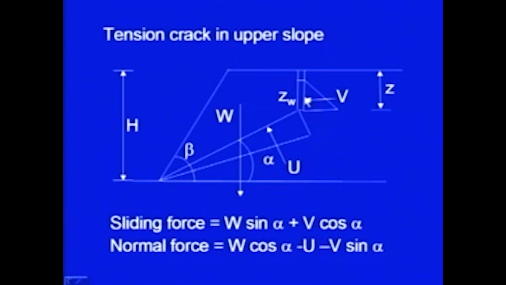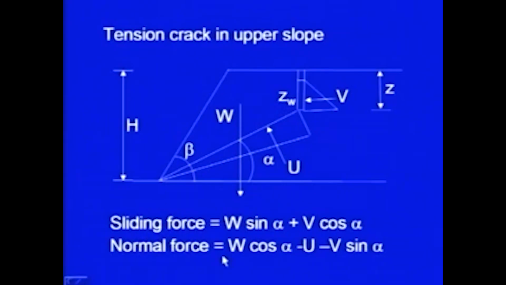We have to find out its component which is acting in this direction. Now, this angle is alpha, so the angle between the direction of V and this line will also be alpha. So, this component along the sliding direction will be V cos alpha. So, the sliding force will be W sin alpha plus V cos alpha. W we have to find out using the geometry of this wedge.